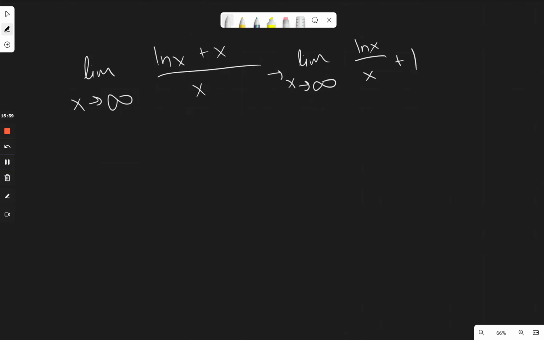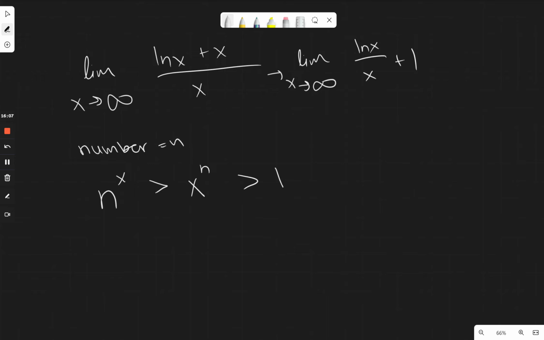And there's a general rule for this. You always want to think about the fact that for any number n, any number to the x, like 2 to the x, 3 to the x, 4 to the x, is always going to grow faster than x to a number.